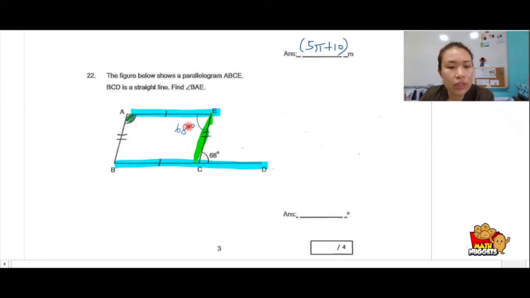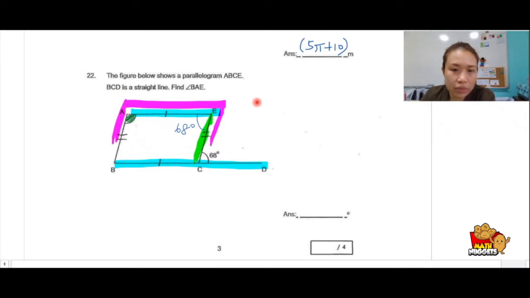Okay, so this is 68 degrees. We have interior angles here. Interior angles make up 180 degrees. So in order to find angle BAE, we will take 180 minus 68, which is 112 degrees.